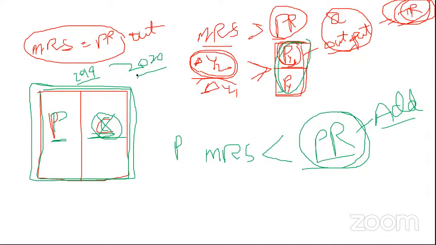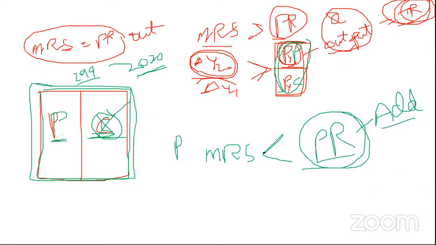For 2020 the price ratio between paddy and cotton is good. I take y1 as paddy and y2 as cotton. The ratio between paddy and cotton is higher than the substitution rate, so I am adding cotton, more use of cotton.